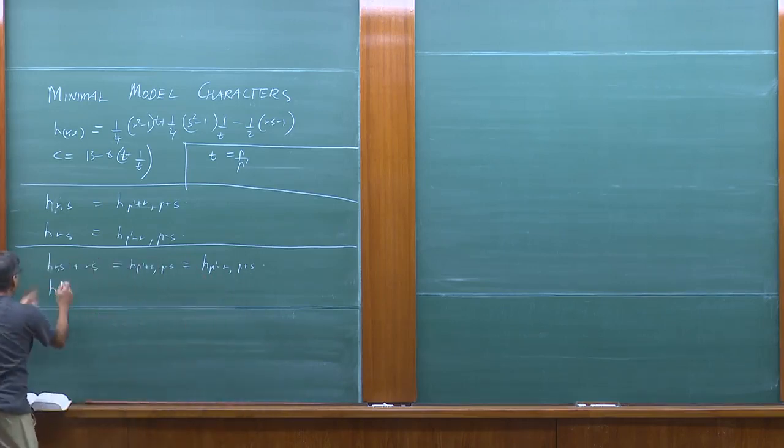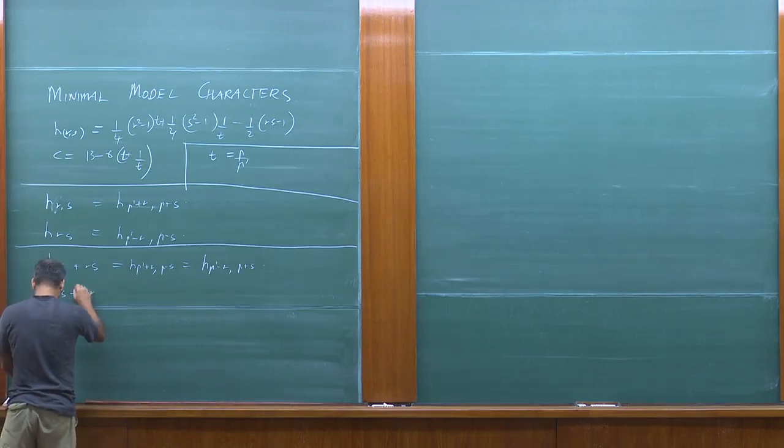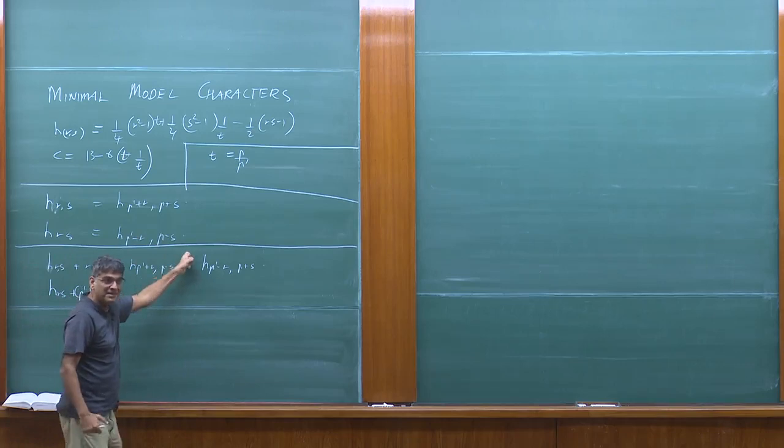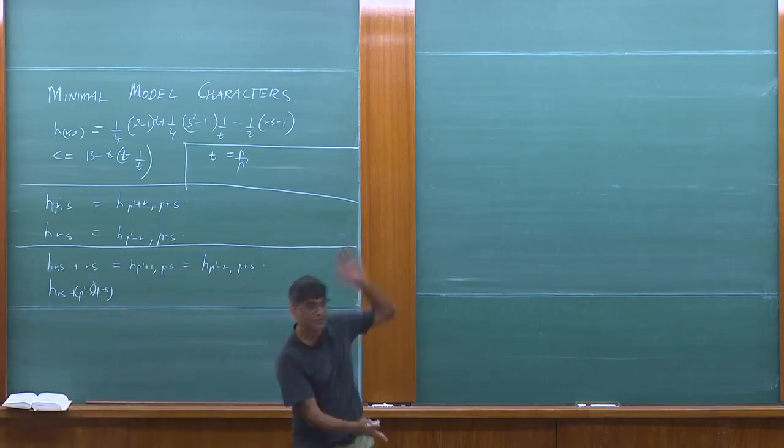Now, the fact that there were two ways of writing this tells you that H(R,S) plus the product of these two was also another H. Both null states were themselves reducible representations.